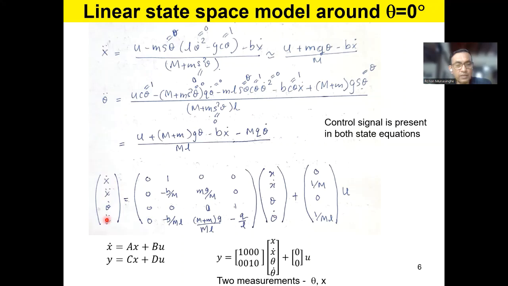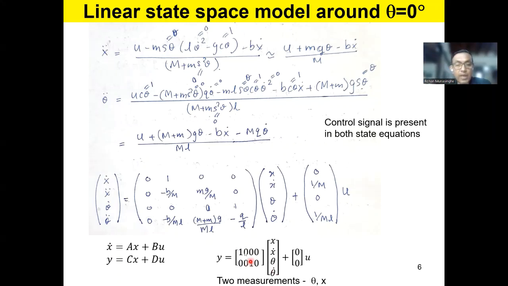These are the rates of the same state variables. And plus the control signal u. It appears in the second equation and the fourth equation. Okay. Now this is a linear model. You can use this model to design a linear quadratic regulator very easily. Okay, we have done all these things earlier.